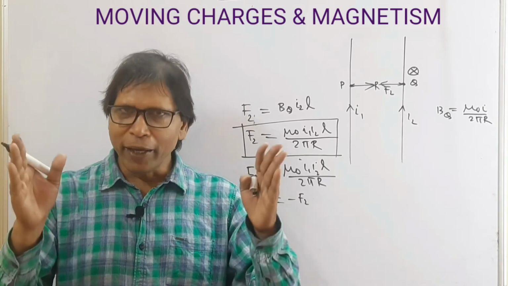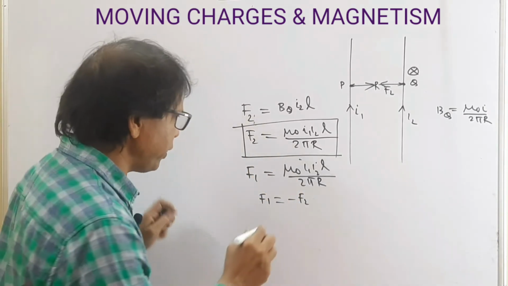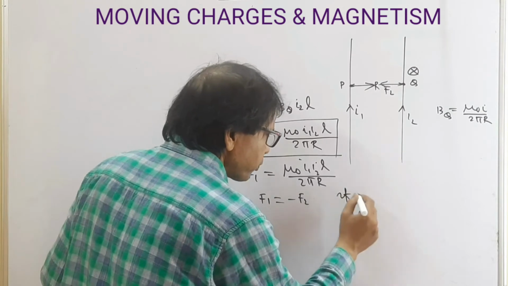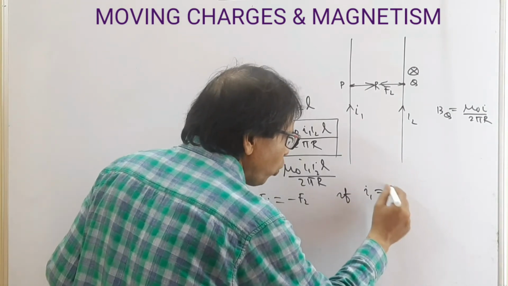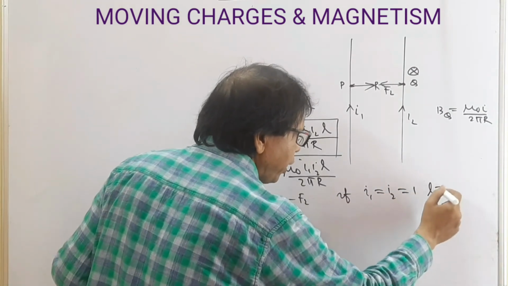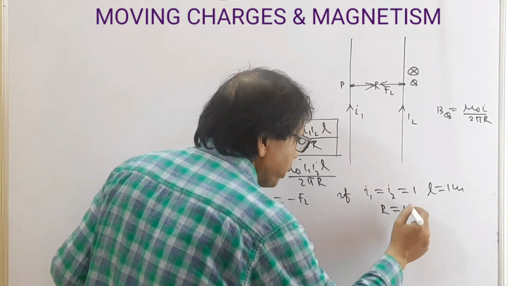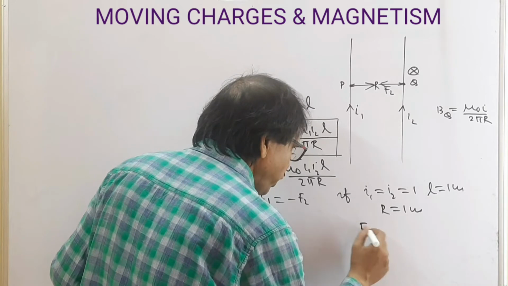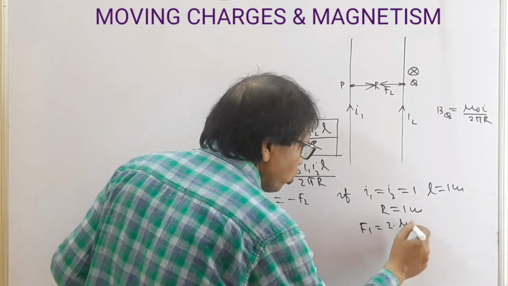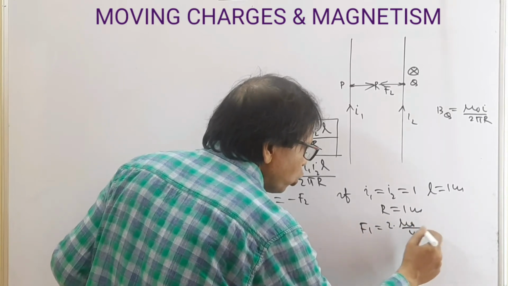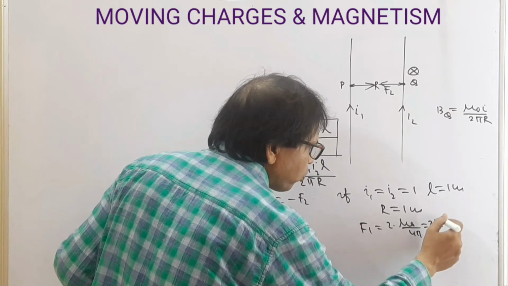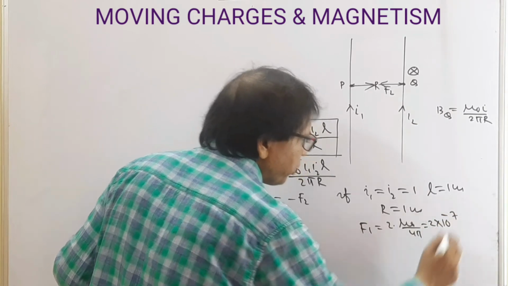Okay. Now the definition of ampere. Look at this. If I1 equals I2 equals 1, L equals 1 meter, R equals 1 meter, then F1 equals 2 into mu naught by 4 pi, so this is 2 into 10 to the power minus 7.